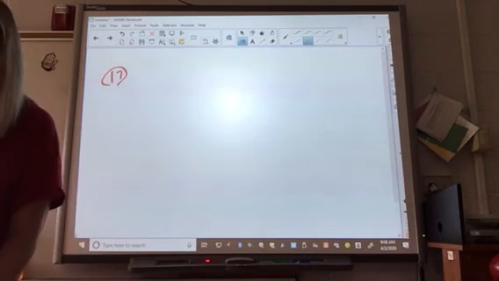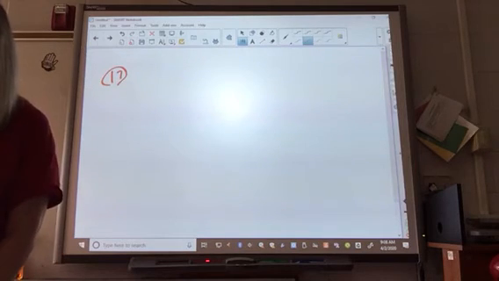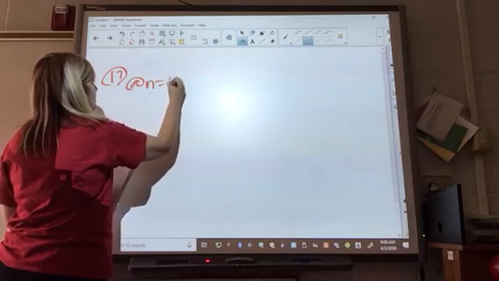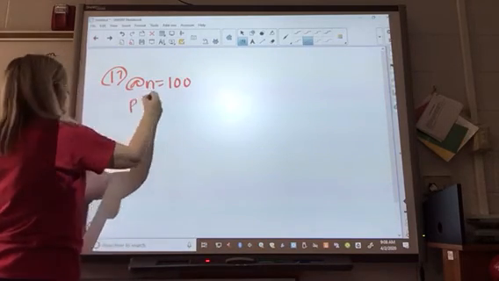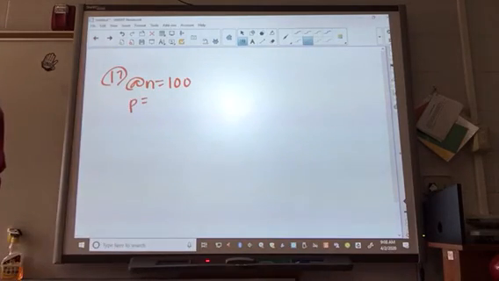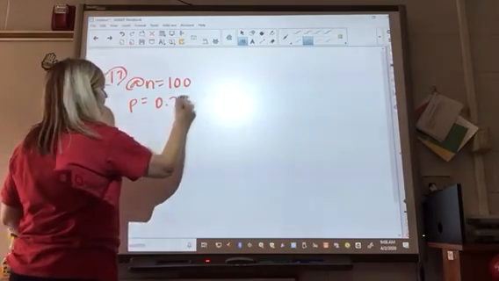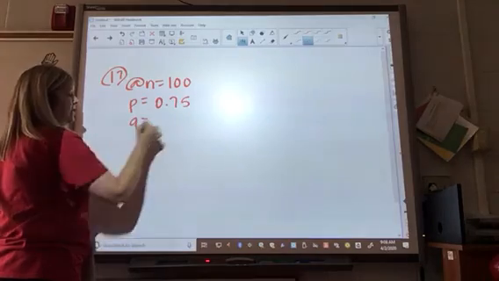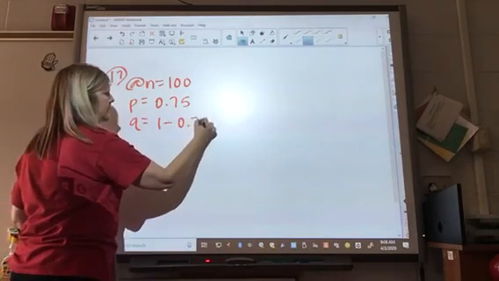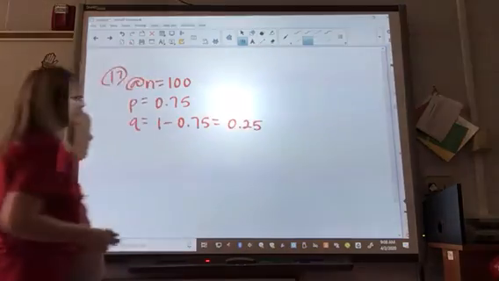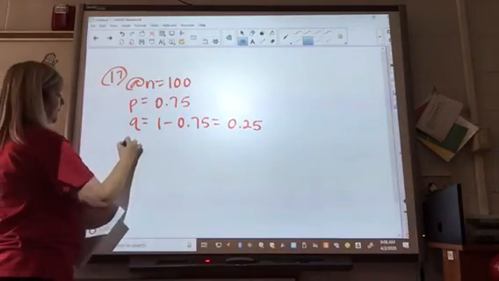17 says, find the mean, variance, and standard deviation. So if we do letter A, it says n is 100. It says letter P is 0.75. All right, we need to find Q, so that's the complement, which is 0.25. Okay?